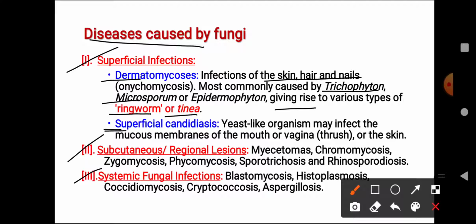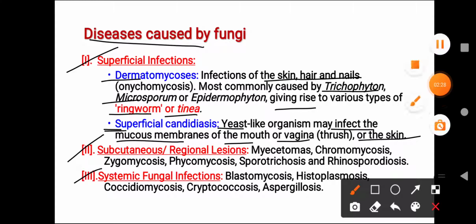In case of superficial candidiasis, the yeast-like organism may infect the mucous membrane of the mouth or vagina or skin. In case of subcutaneous or regional lesions, they are such as zygomycosis, phycomycosis, and sporotrichosis.